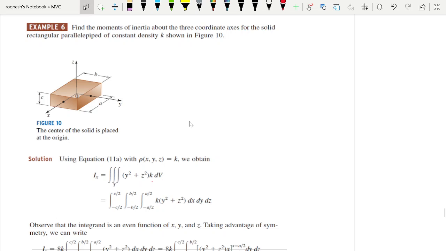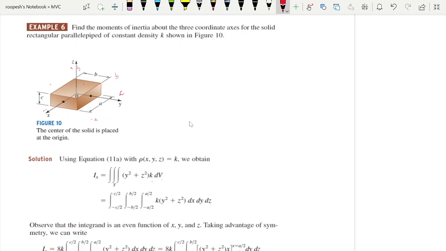You can see that x is varying from this point to this point, so minus a to a, y ranges from minus b to b, and z ranges from minus c to c.